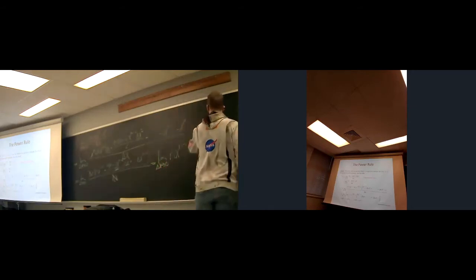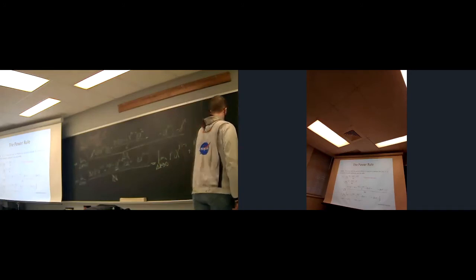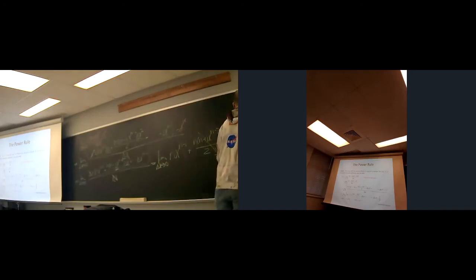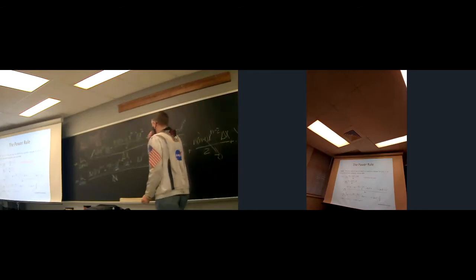Well, check it out. All of these terms have a delta x, right? So this thing goes to 0, and this thing goes to 0, and all the things in between. Make sense? Because each of them has a delta x.